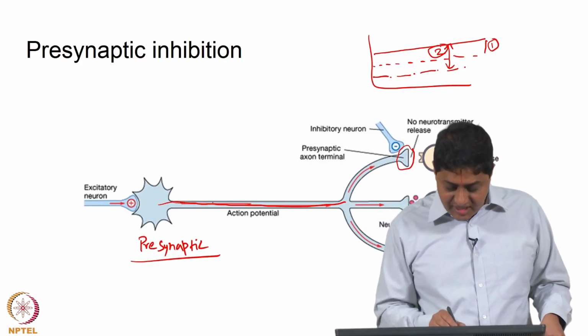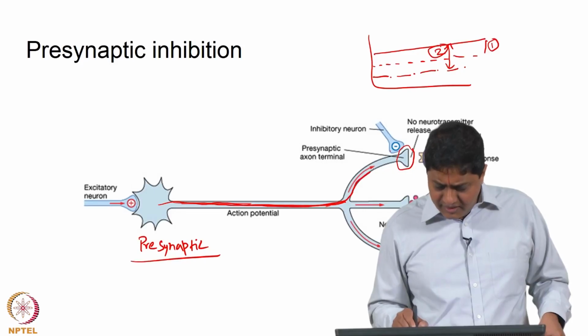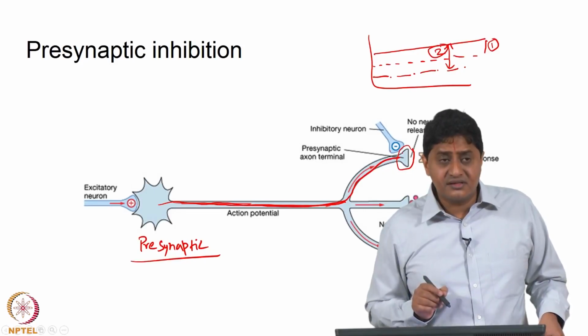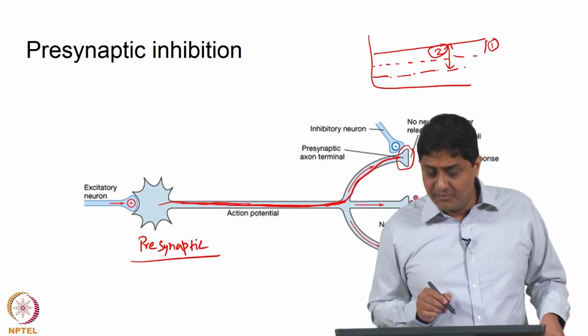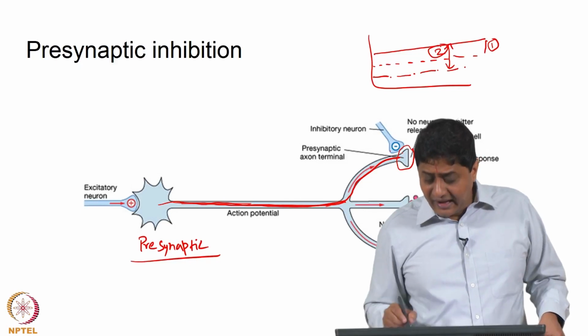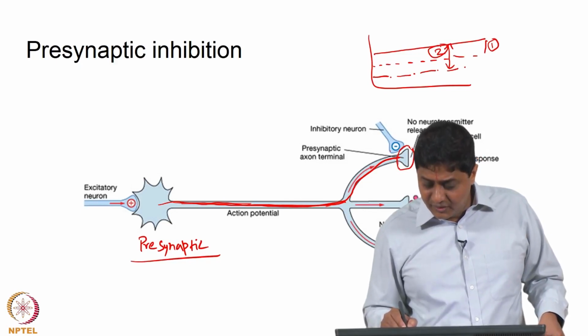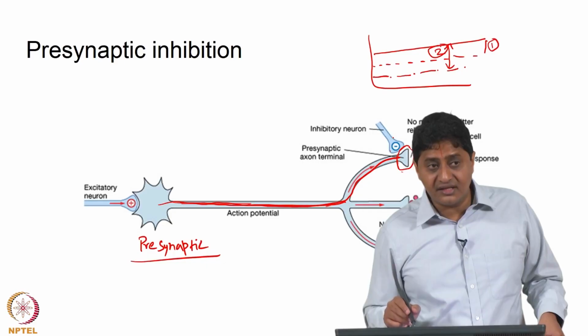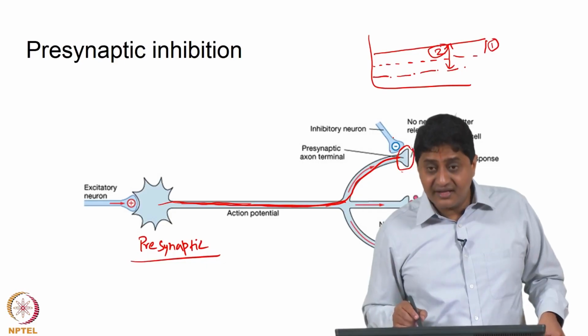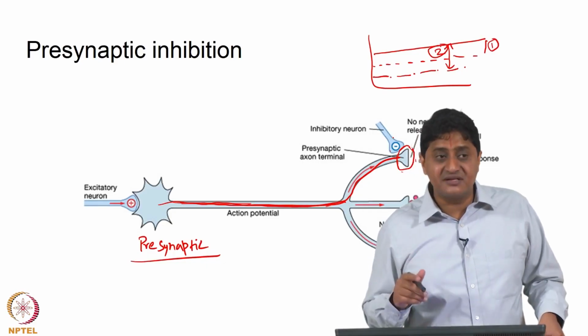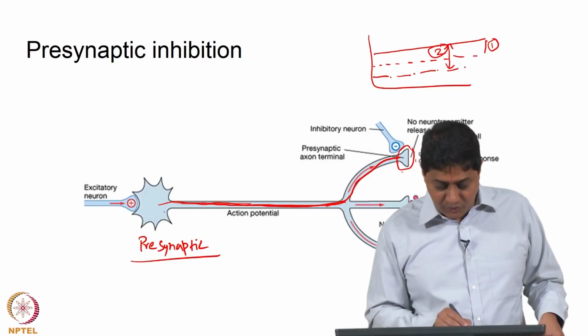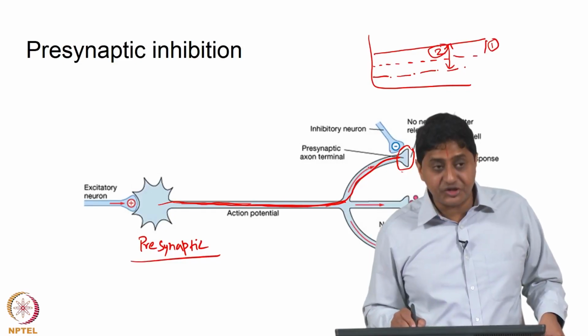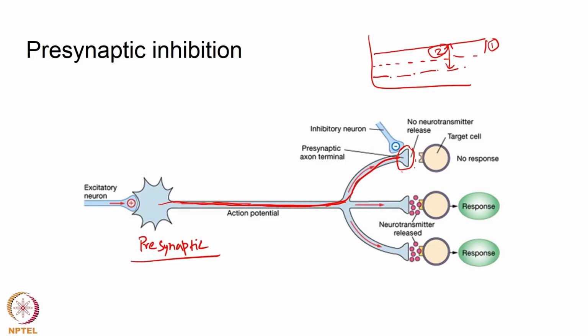So when an action potential arrives, it reaches this part, or the synaptic end bulb, right. Already this part is excited sufficiently that all the calcium channels are already open. There is not going to be any new calcium channel that is going to open due to the arrival of this action potential. So because of that, no neurotransmitter will be released.